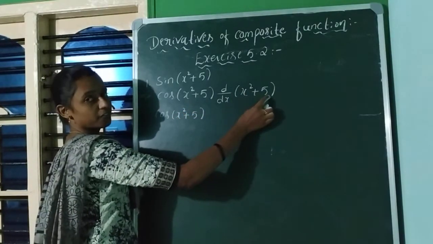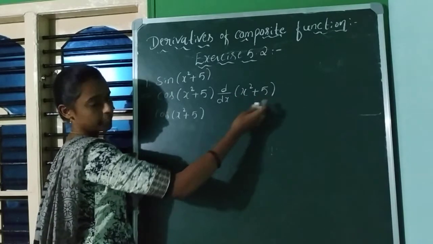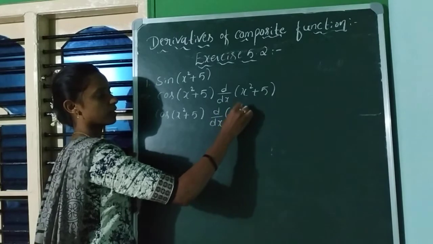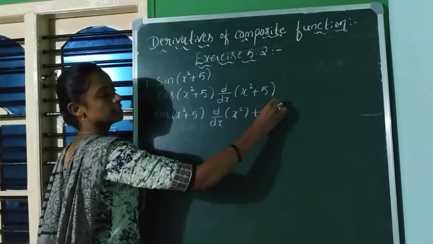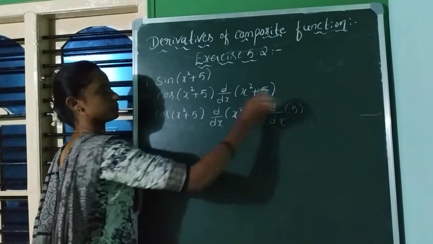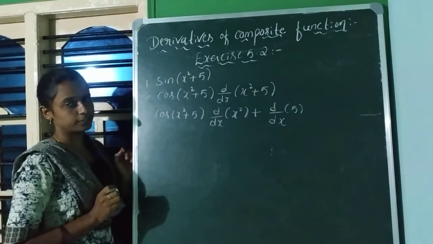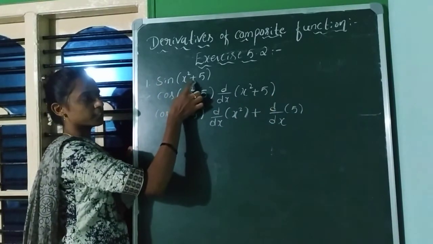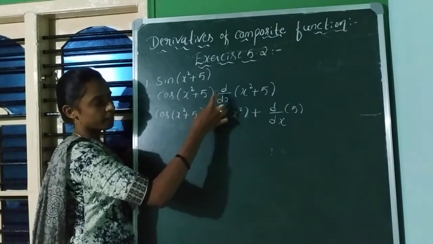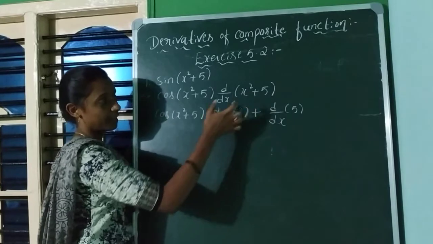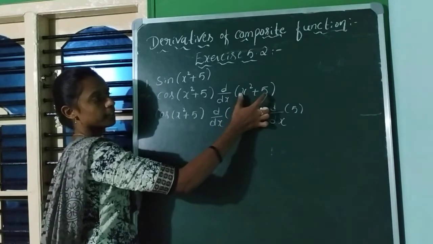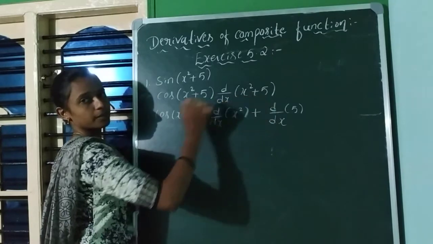So differentiate both the terms separately, which is nothing but d by dx of x squared plus d by dx of 5. Don't confuse that. For a composite function, while differentiating that, we will use the product. Why this is plus means I am differentiating this algebraic term. Here between these two terms a plus is there.